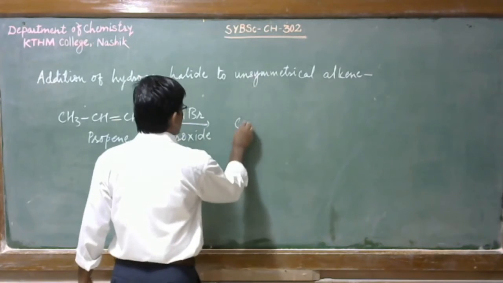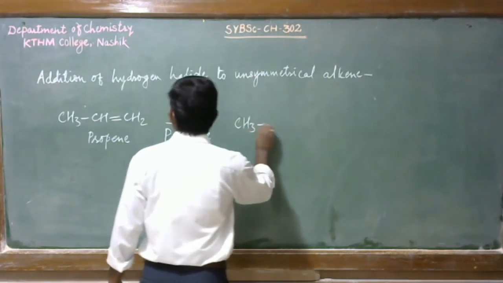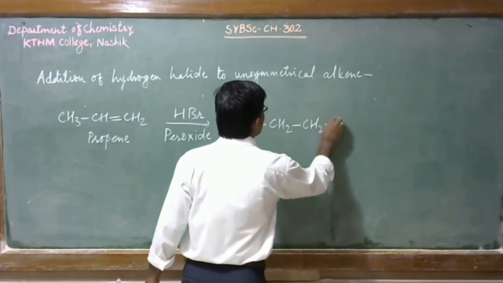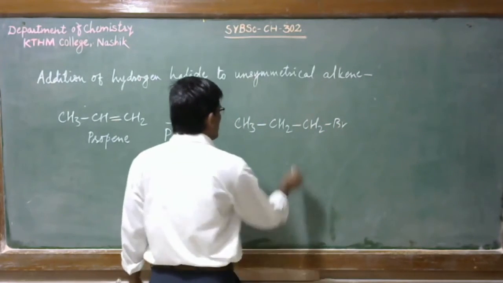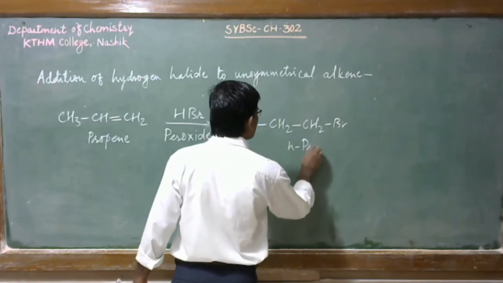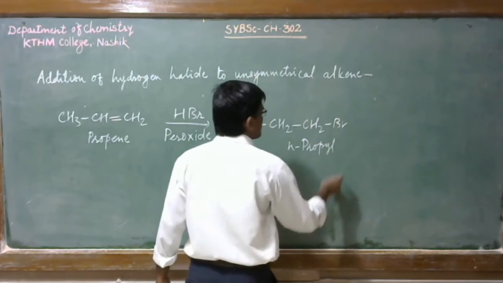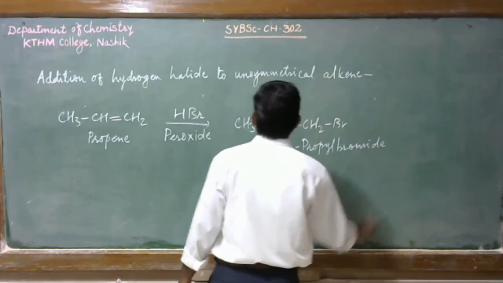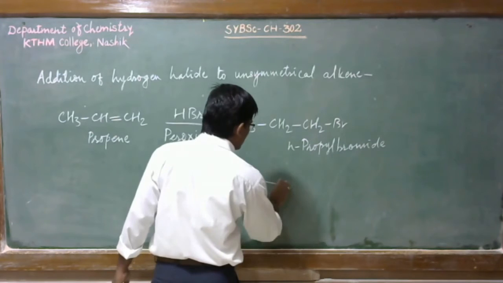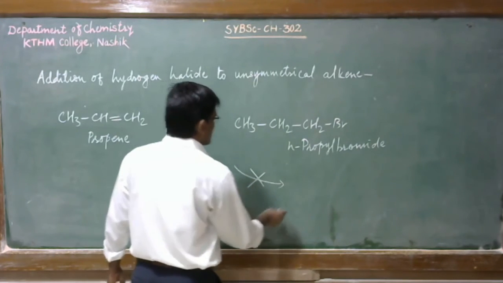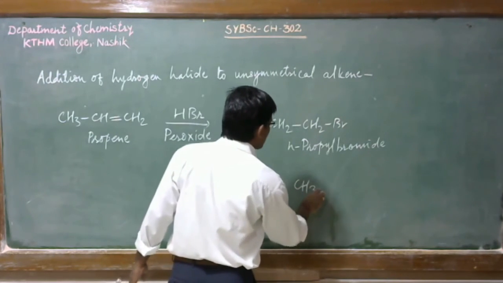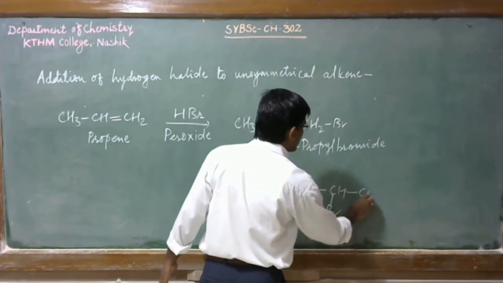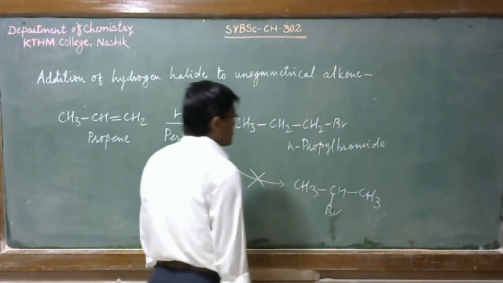It gives n-propyl bromide. It doesn't give isopropyl bromide.